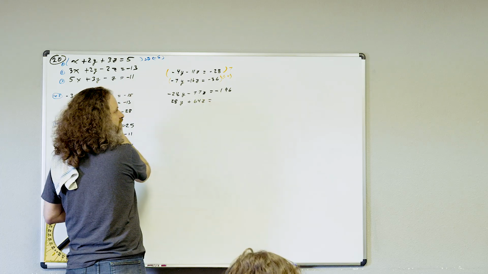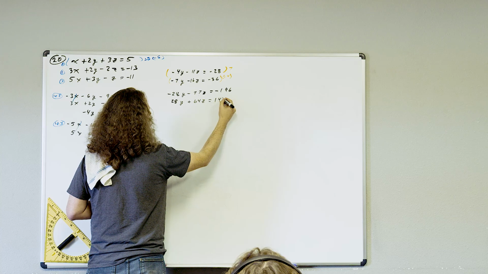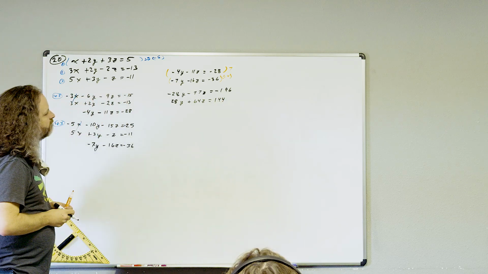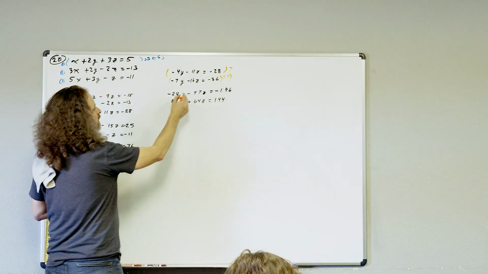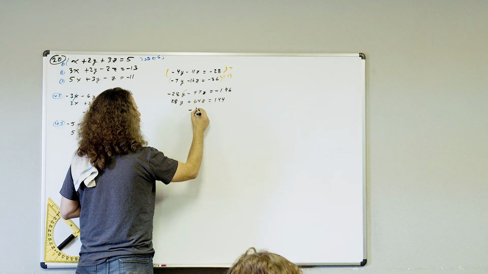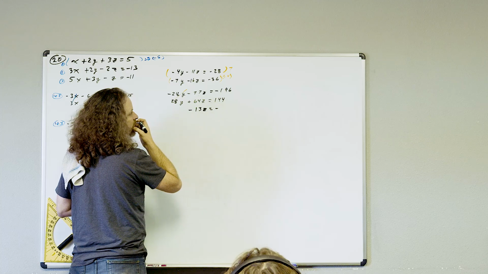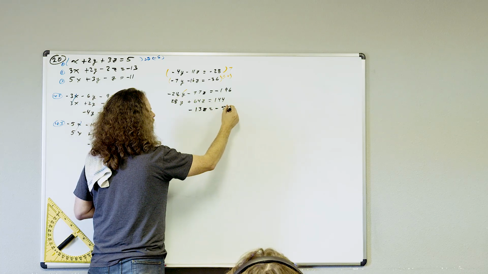Yeah. Equals positive 120 plus 24, 144. Okay. That's going to eliminate. And then negative 13z equals negative 52.